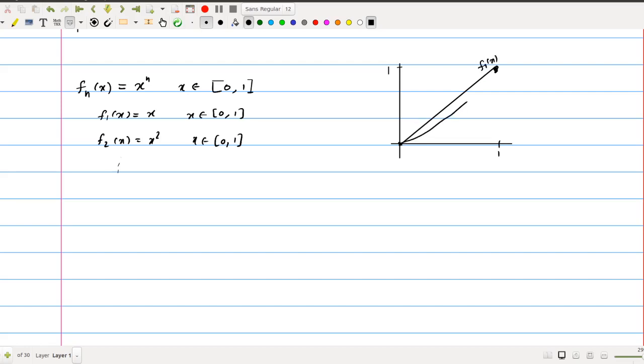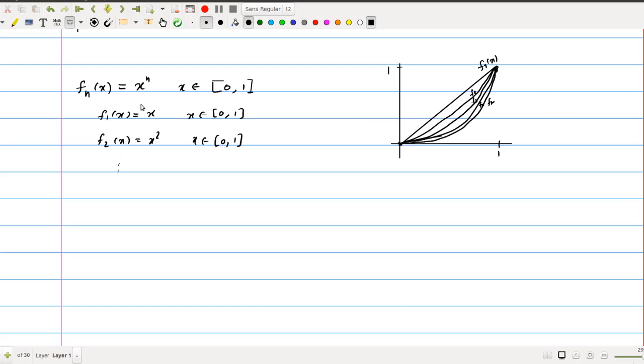F2 is a parabola, so we have a graph like this, and x cube we have a graph like this, f3 like this, and f4 like this, and so on. So this is f2 and this is f3, f4, f5, and so on.